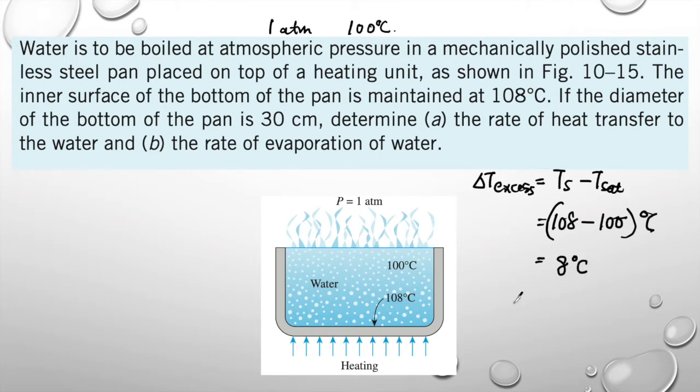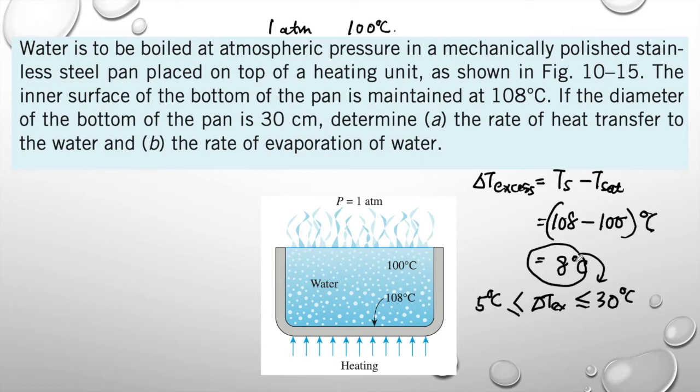This is in the range of 5 to 30 degrees Celsius, which falls under nucleate boiling. That's why this example is for nucleate boiling.